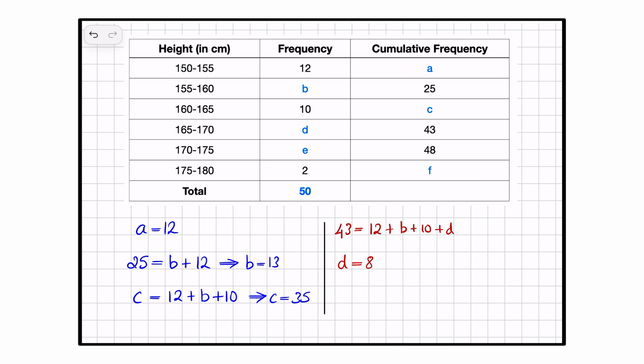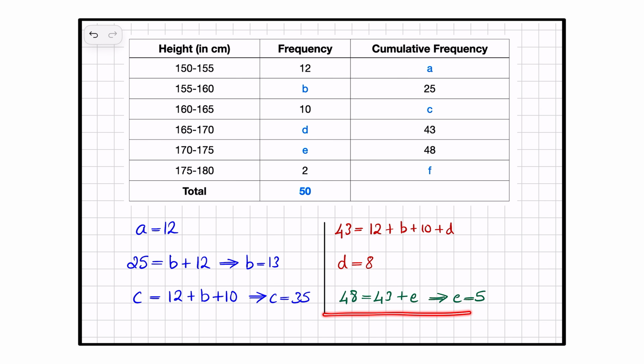I will do this to find E. To find E, what I can do is, 43 plus E will be 48. So 48 is equal to 43 plus E, which implies E is equal to 5.